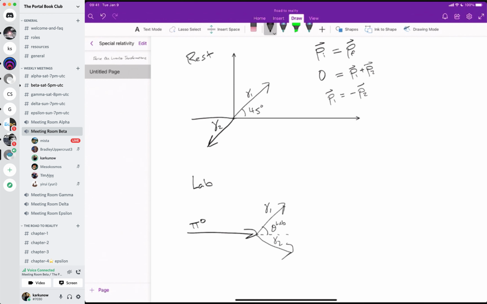Yeah, for example, if we need to reflect the photon, like where to place the mirror. We probably need to know that angle for some experiment, because the angle will not coincide with the rest frame. It will be deformed because of the large speeds. Right, so I believe that theta lab will actually be smaller than theta rest.